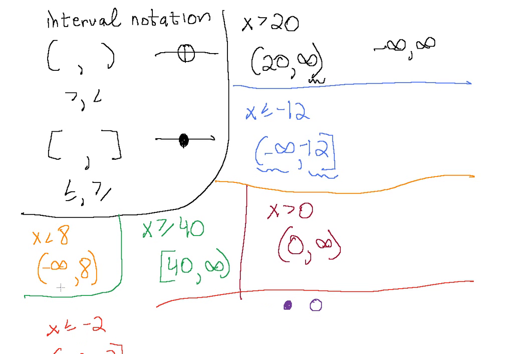We're actually going to move on to using these parentheses and these brackets. So we're going to see that whenever we're including a number in our solution set, we're going to put a closed bracket on the number line, and with a circle, we're excluding the value from our interval solution. We're going to put a parentheses either to the left or to the right.